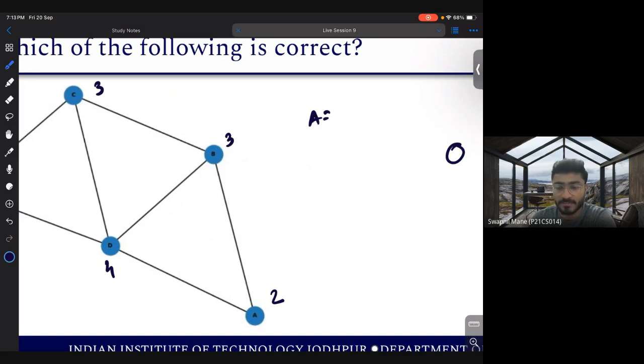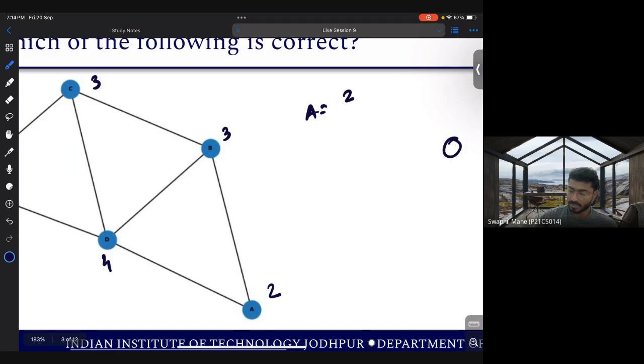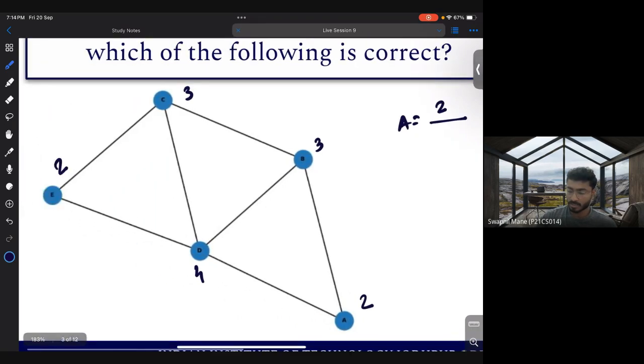The probability defines how likely the new node is to form an edge with that particular node. Suppose we are finding the probability for A, meaning the probability that the new node will connect to A. For that we take the degree of A divided by the total of all the degrees.